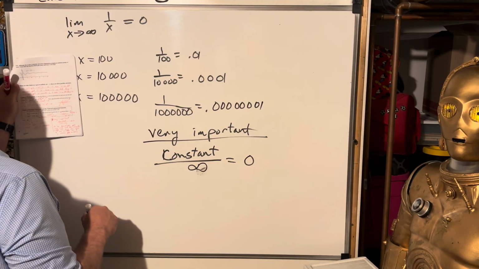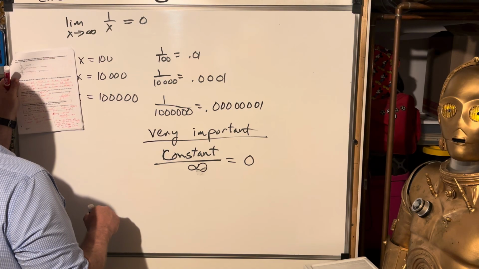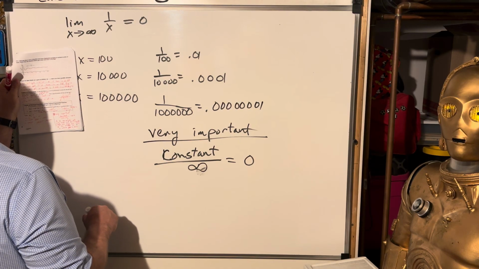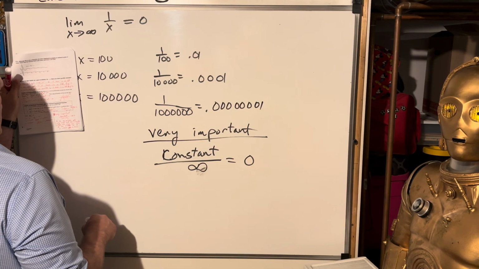As the denominator gets very large, the numerator stays the same, and the value of the fraction as a whole goes to 0.